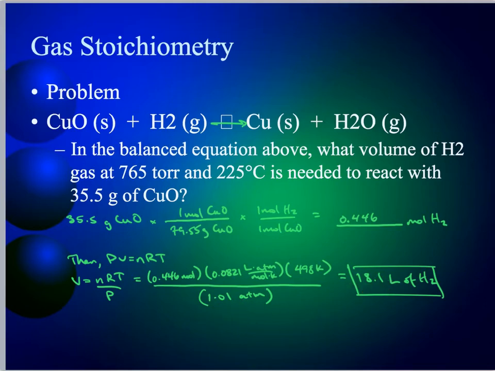And with three significant figures, we get 18.1 liters of hydrogen. So you would need 18 liters worth of hydrogen gas to react with just 35.5 grams of copper(II) oxide. So really that's all there is to these problems. Just if it's a matter of starting with stoichiometry and using the gas laws, do that. Sometimes it's starting with the gas laws and then working through stoichiometry, which is what the next problem will be.